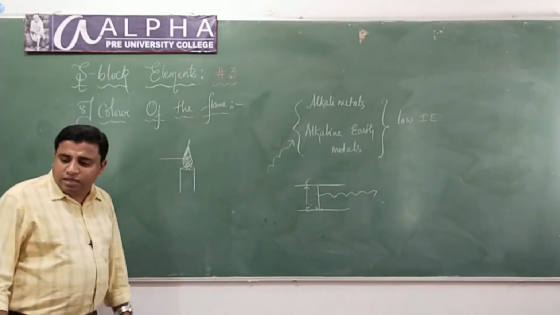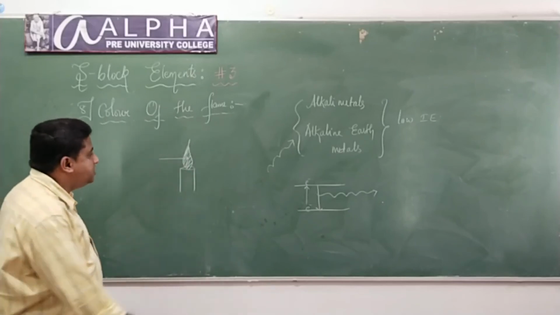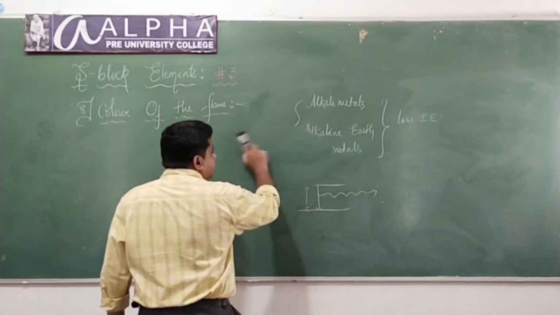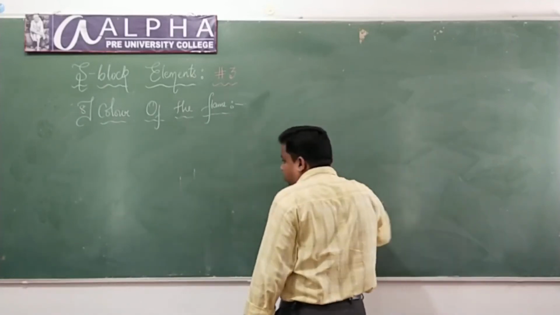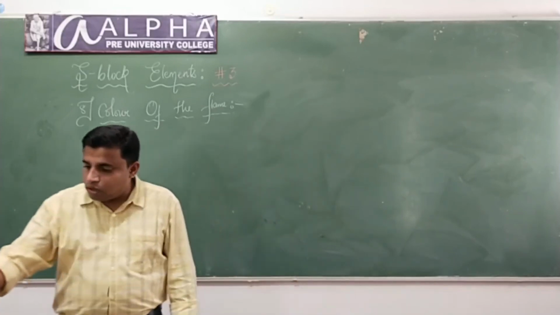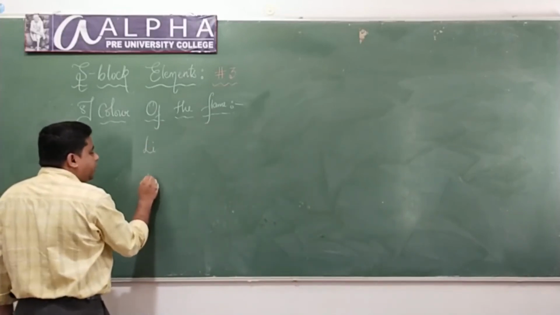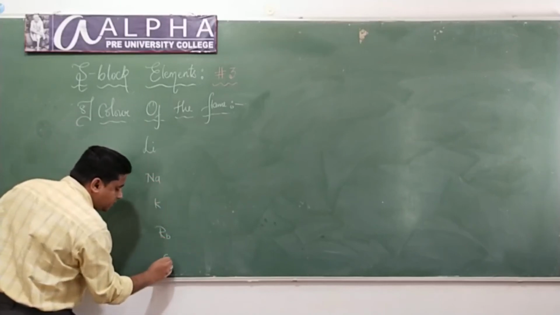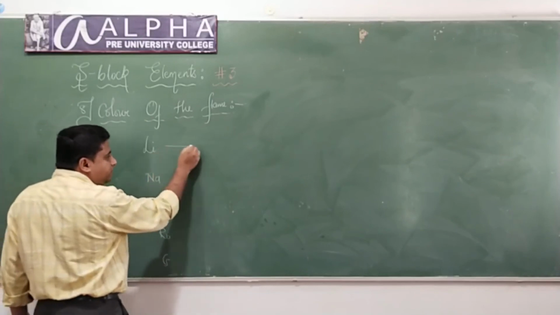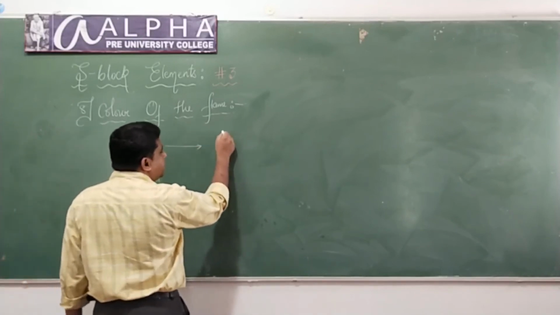So let us see what the different colors imparted to the flame by different elements are. If you consider alkali metals, we have lithium, sodium, potassium, rubidium and cesium. Lithium will emit crimson red color.